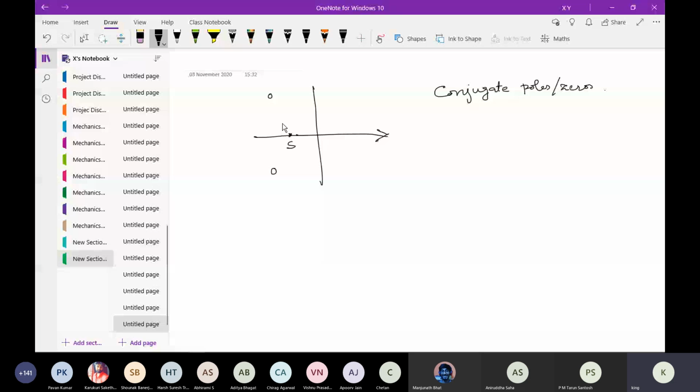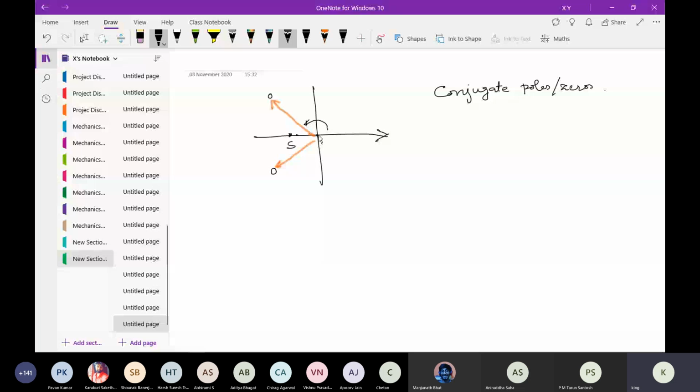So this is my S. What will be my position vector, if you will call it that? These are the position vectors of the poles or zeros, conjugate, or phasors, whatever name you want to give it.